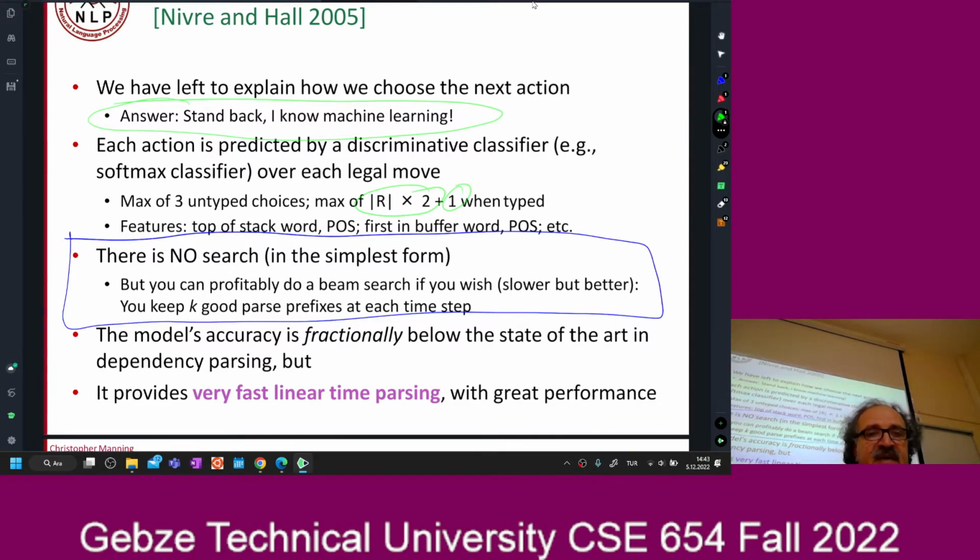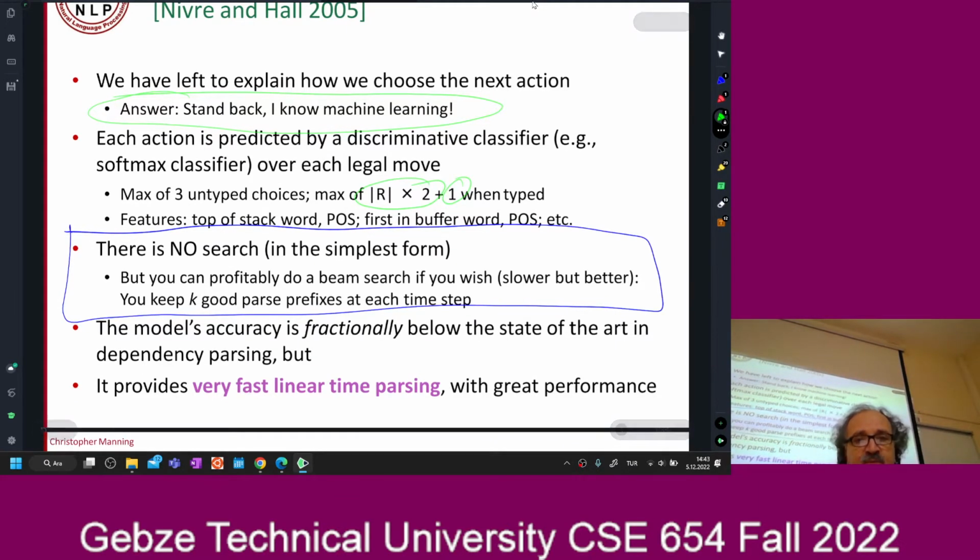This one says that you can probably do a beam search. Does anybody know what beam search is? Beam search is kind of an artificial intelligence search, of course. You keep 3 or 4 solutions at the same time, alternative solutions, and if you see more solutions, you eliminate, and you always keep the 4 best solutions around, and you do your search this way.